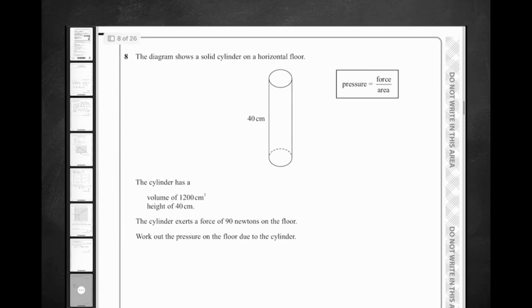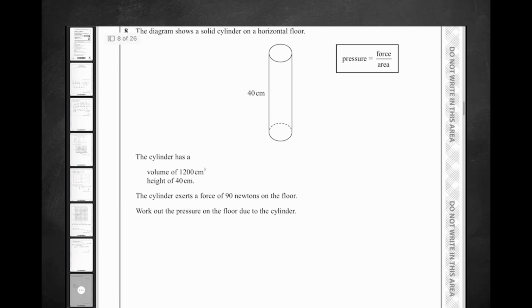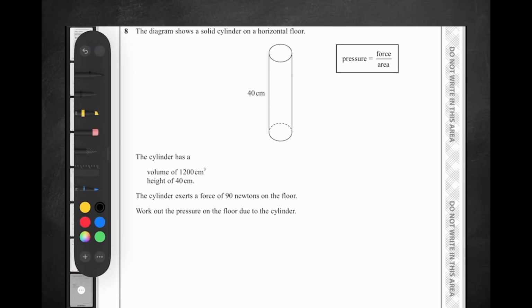Question number 8. The diagram shows a solid cylinder on a horizontal floor, and we have a formula on the right for pressure equals force over area. We're given the volume and the height of the cylinder and the force that the cylinder exerts on the floor. Work out the pressure due to the cylinder. So, pressure equals force over area.